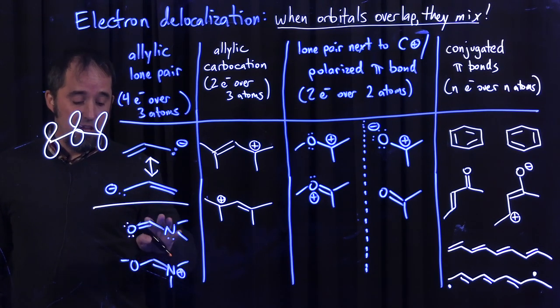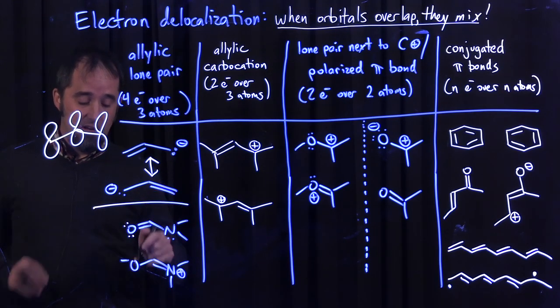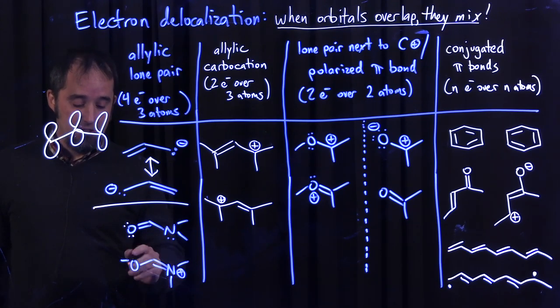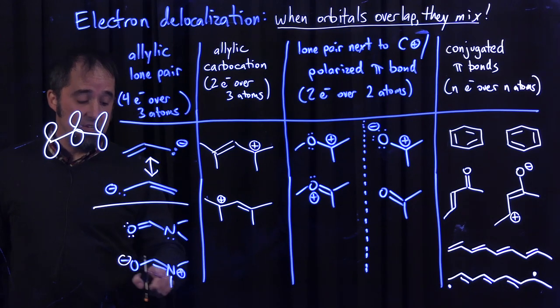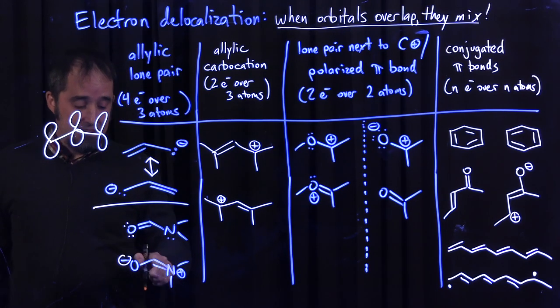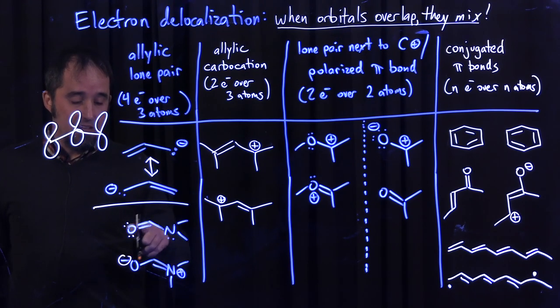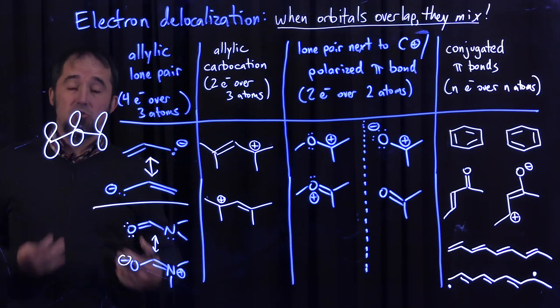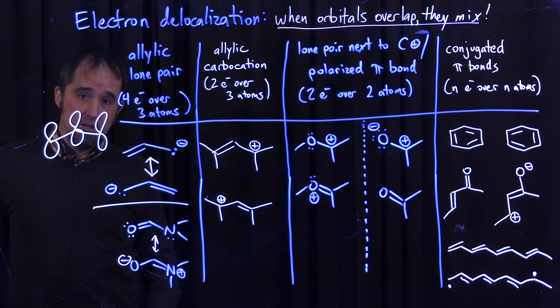And whenever I see that system, 3 atoms, pi bond next to the lone pair, I have to consider resonance, right? So there is kind of a little bit of this character to it, where this oxygen has a negative charge and this nitrogen kind of has a positive-ish charge. And there's a little bit of a pi bond here instead of there. Again, these are resonance structures, 2 ways of drawing the exact same thing.